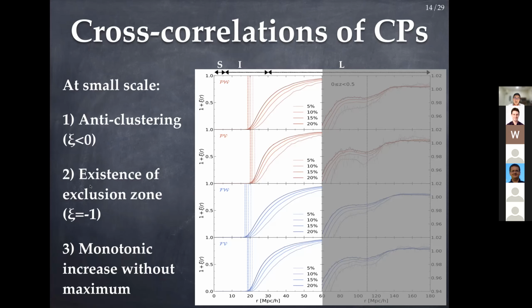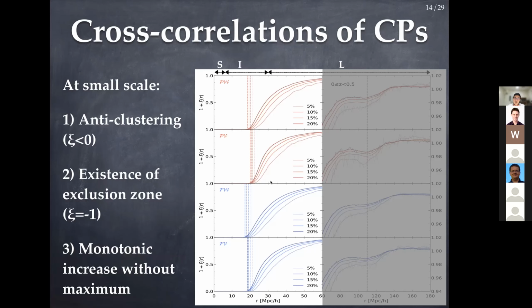And there's even some extreme region called the exclusion zone, where you won't be able to find any pairs below this separation or scale. And thirdly, there is a monotonic increase without presenting any maximum in the correlation. So this is a major feature we can observe from the first type of cross correlations.